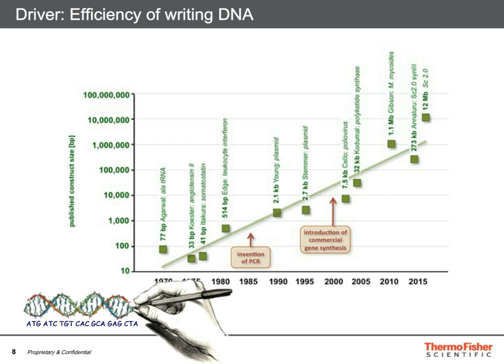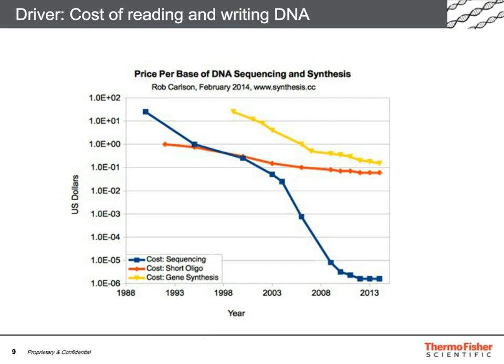One of the major drivers in here is the cost. So as we increase our efficiency, the cost per base pair for sequencing and synthesis has gone down. So if we look at sequencing, this blue line, the cost of sequencing per base has dropped off significantly in the last several years, where now sequencing the entire genome is reportedly somewhere in the neighborhood of $1,000.